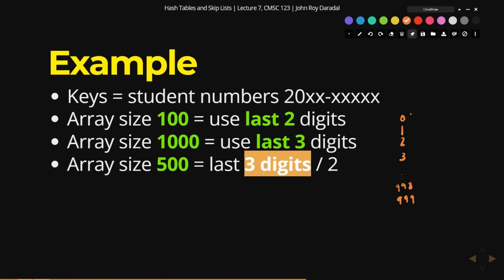If you divide it by 2, 0 divided by 2 is 0, 1 divided by 2 is 0, 2 divided by 2 is 1, 3 divided by 2 is 1, and so on. And then this one will be 499, 499, right? So there will be some collisions, but at least you have compressed it to the range 0 to 499.